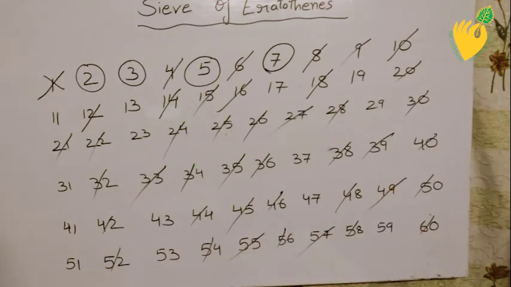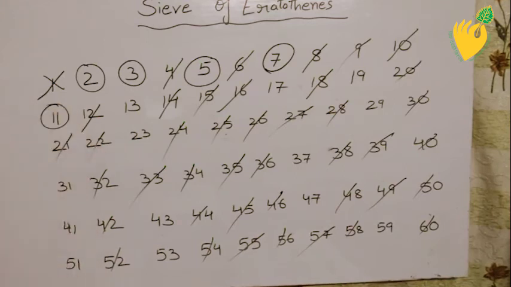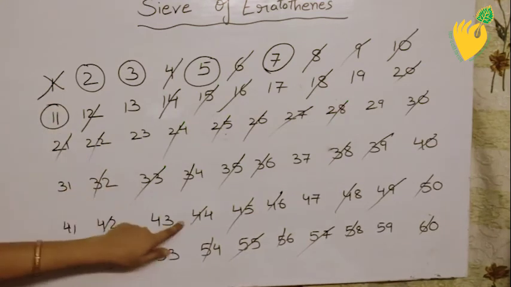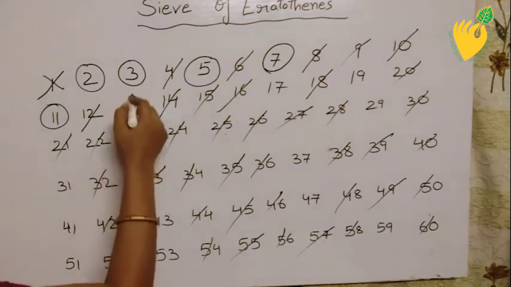And no other number is there, I think. Okay. Now, what is the next number? 11. Encircle the 11 and cross out all the multiples of 11. 11 twos are 22, 33, 44, 55 are already cut out.